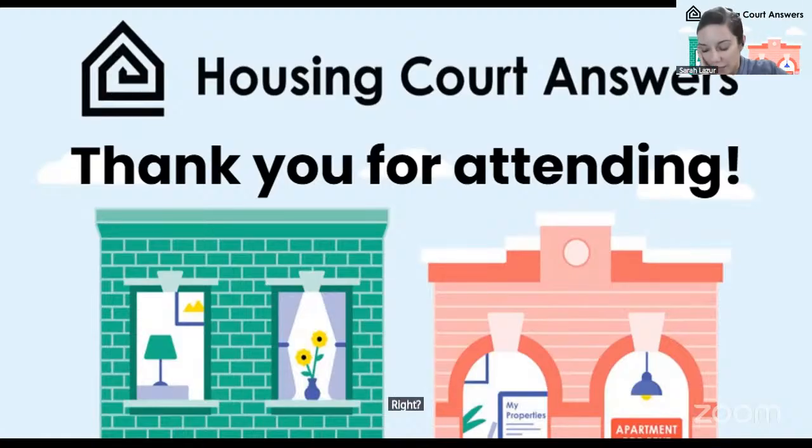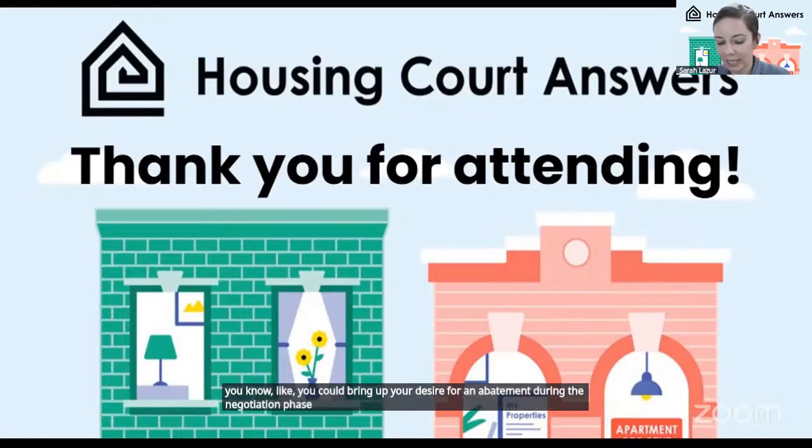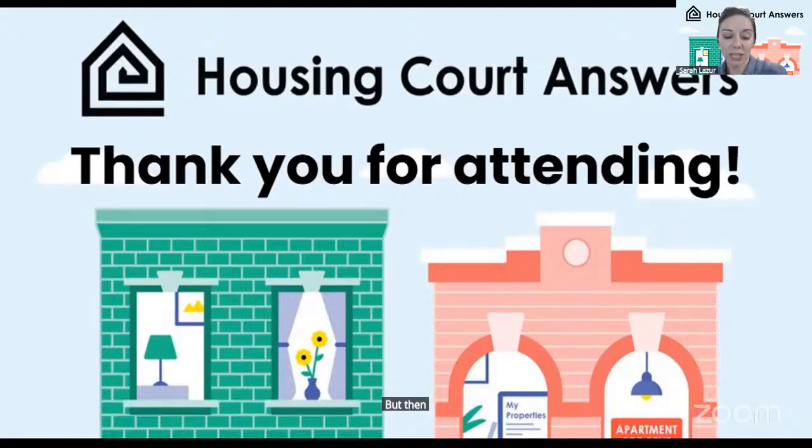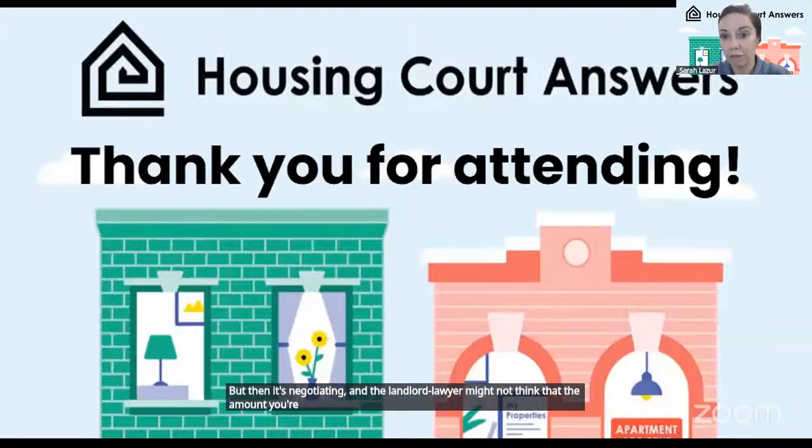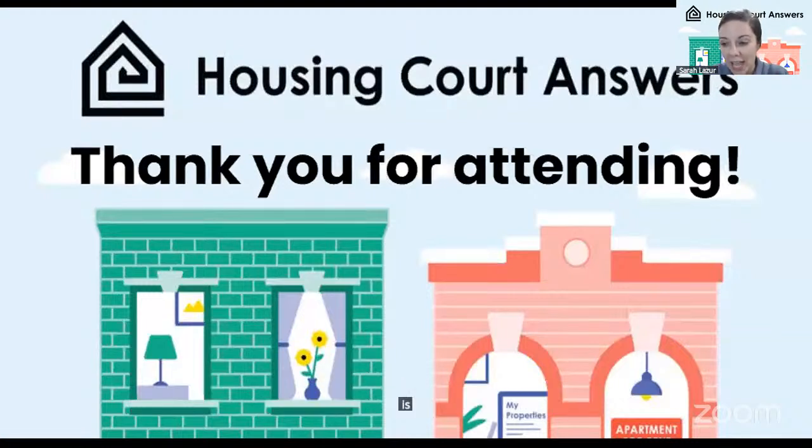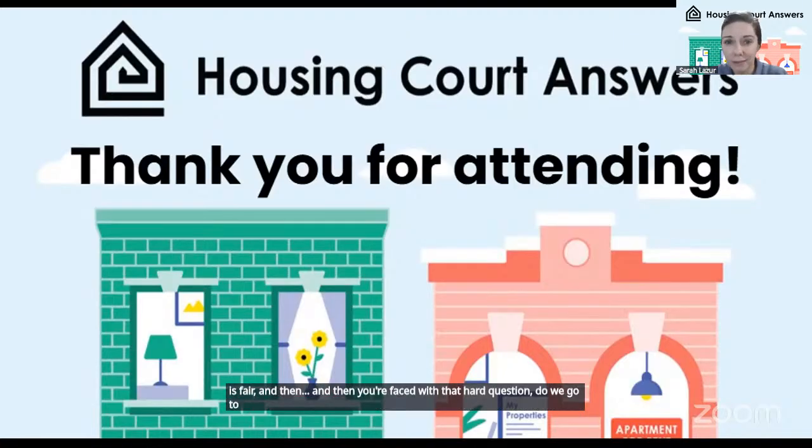You could bring up your desire for an abatement during the negotiation phase of the case, but then it's negotiated, and the landlord's lawyer might not think that the amount you're looking for is fair. And then you're faced with that hard question: do we go to trial over this?